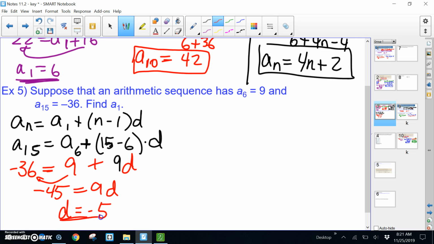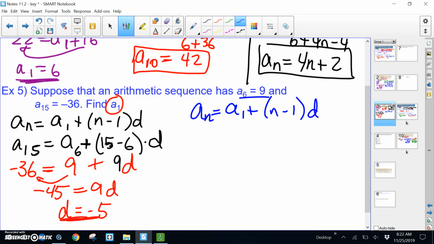D equals negative 5. Now again, that's not what we wanted. We want A1. So we can go back to that formula. A sub n equals A sub 1 plus n minus 1 times d, and plug in what we need. Okay, we want A1, so let's use A6 here.